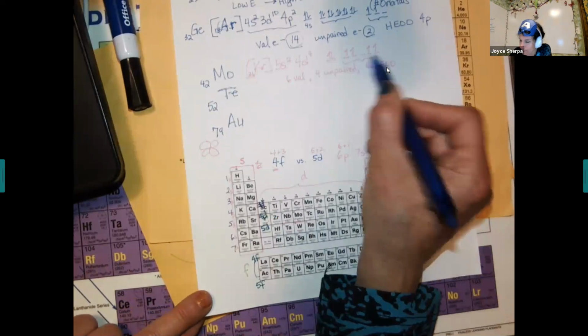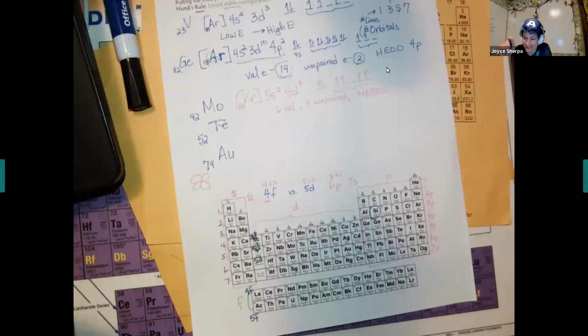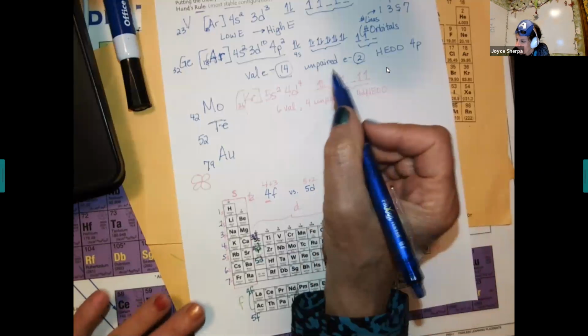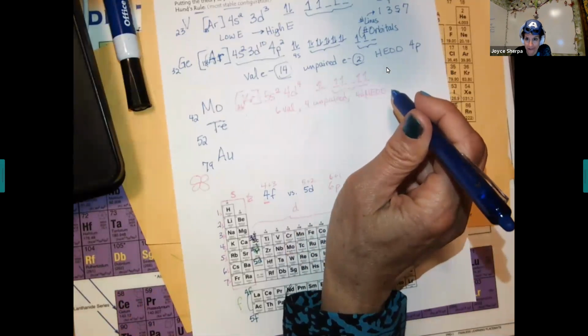When there is this one empty, I made a comment, there are 2 stable places on the periodic table. The stability of having a completely filled subshell, that's huge. That's like super stable. So the noble gases, there is also a stability if they all have unpaired.